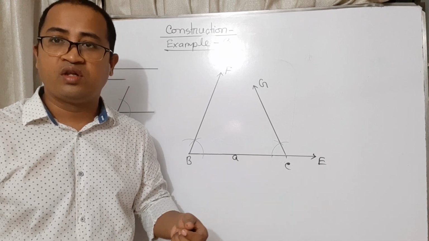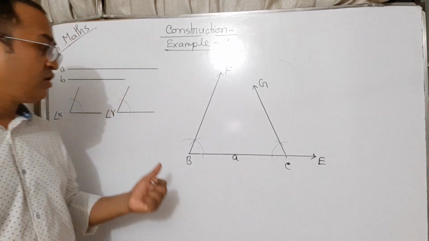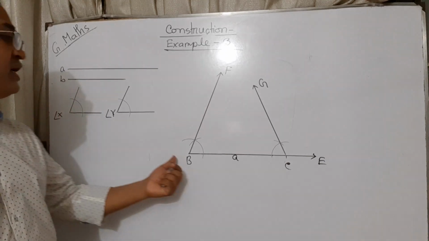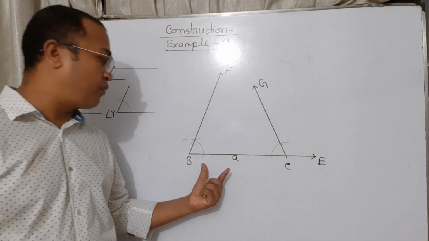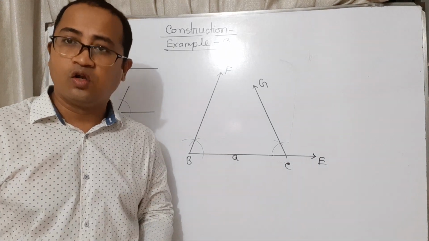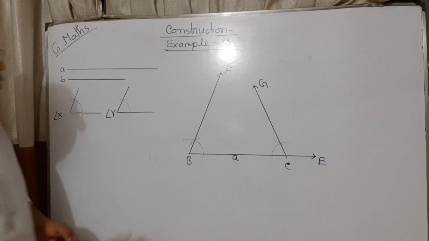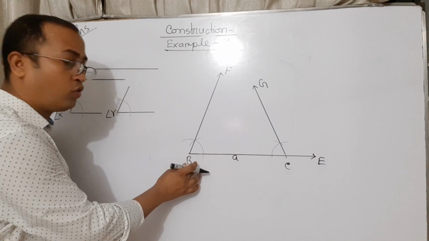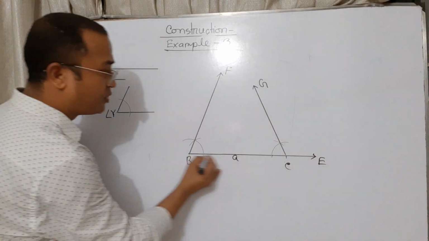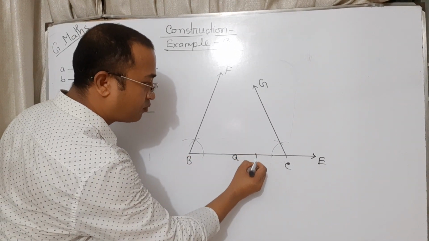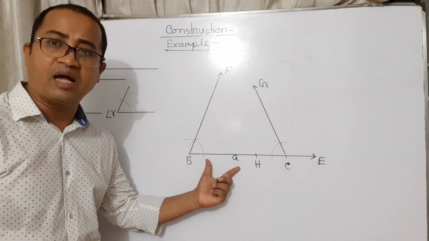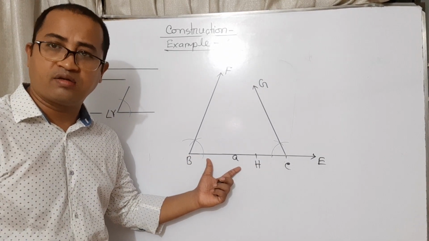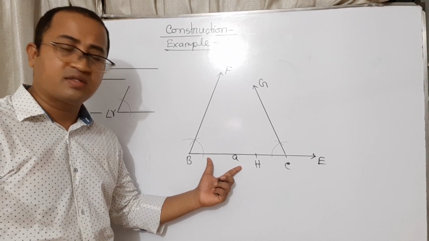Now you should take BH equal to b from the line BC. This is equal to b, I mean the smaller side of the parallel sides.